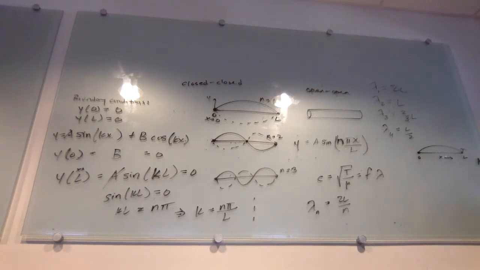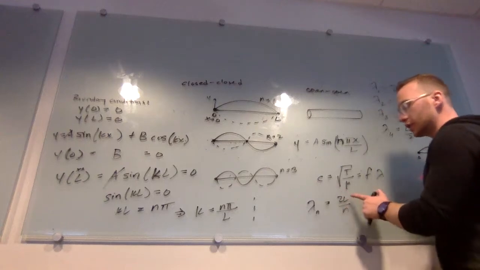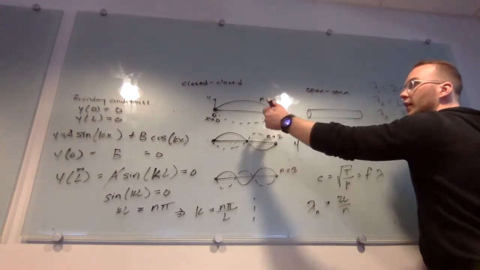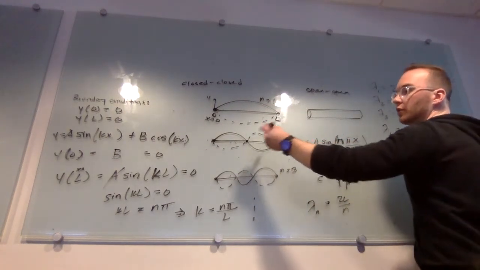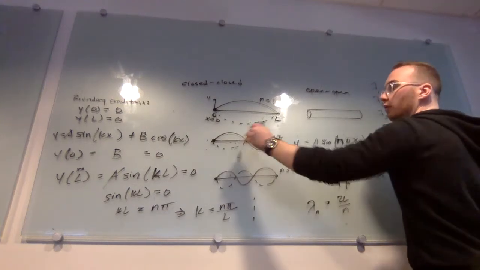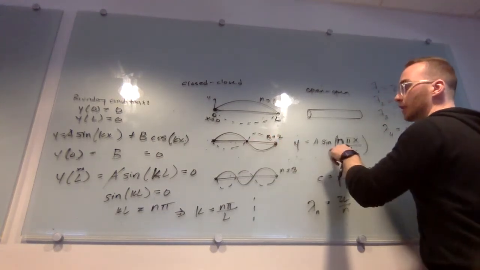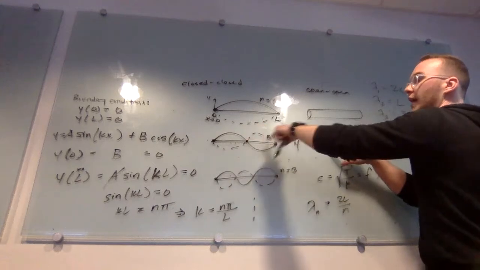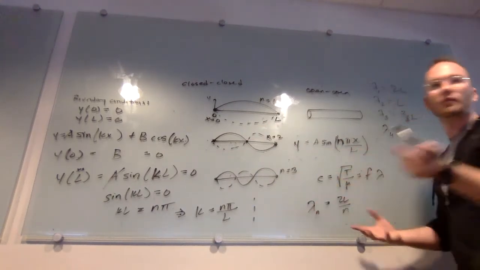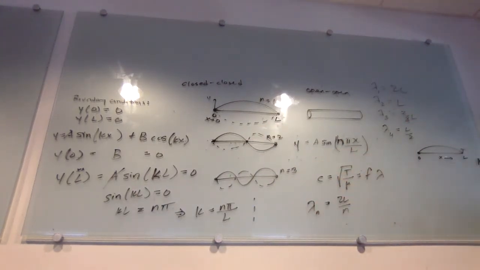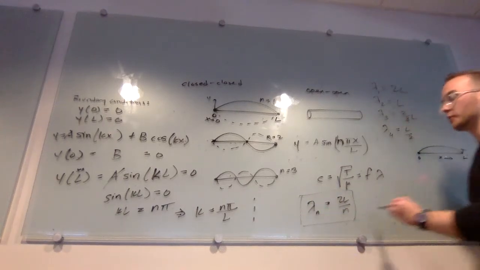You could just see if 2L is n lambda, that's actually not really that much easier to see, but it is true. For n equals 2, 2L is n, which is 2 times lambda, because it's 2 wavelengths. Anyway, that's not easier to see at all. But if you write out the first terms, you can see it's this.